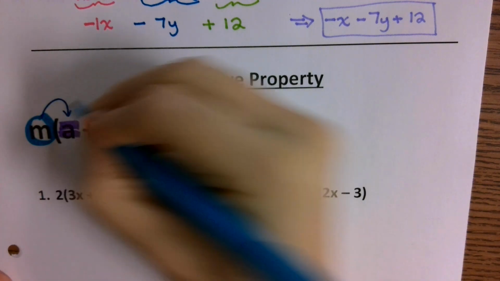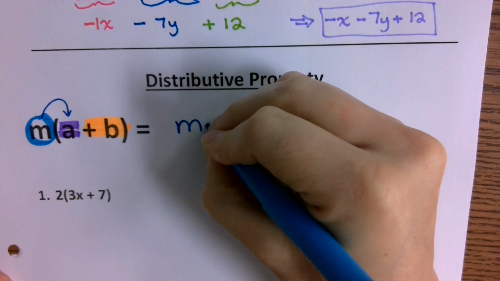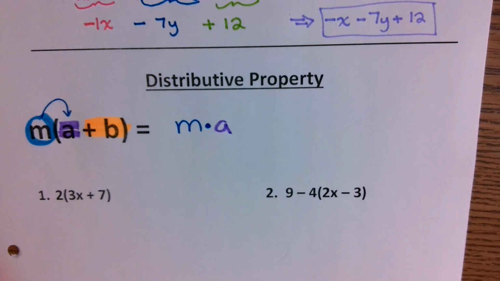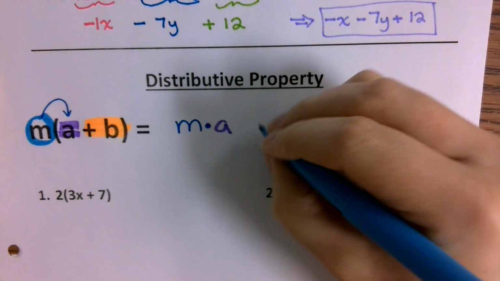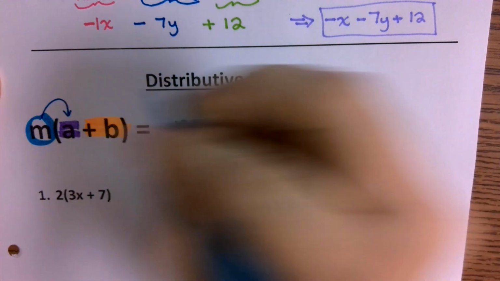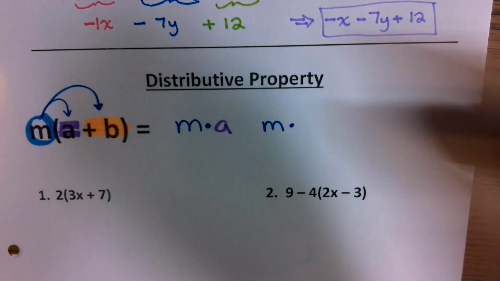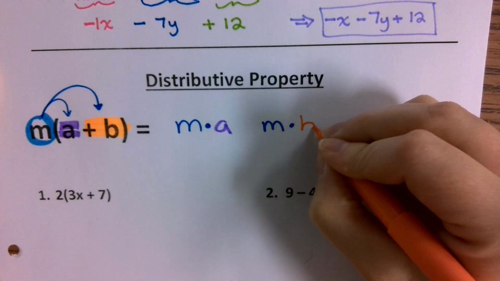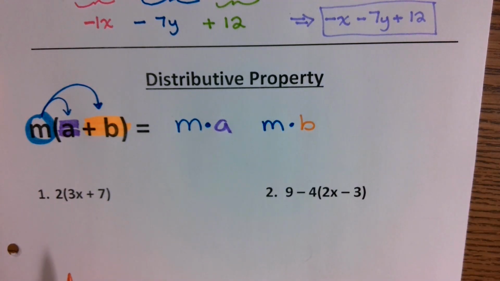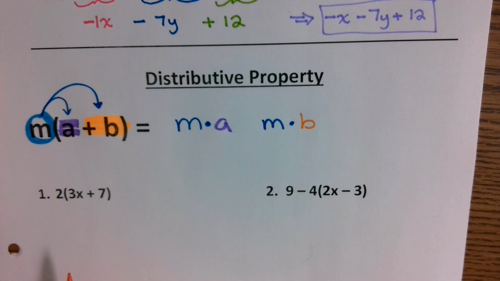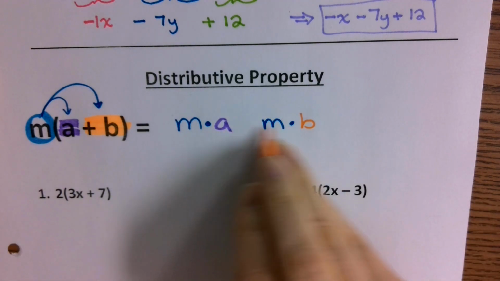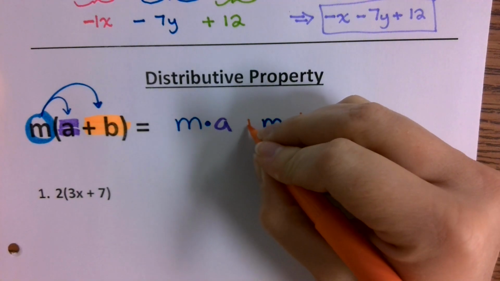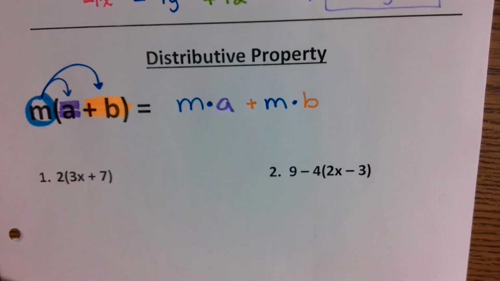So we're doing M times the A, and then we are doing M times that positive B. Then whatever other operation is in between, either a plus or a minus sign, I'll put a plus sign in between for this case.